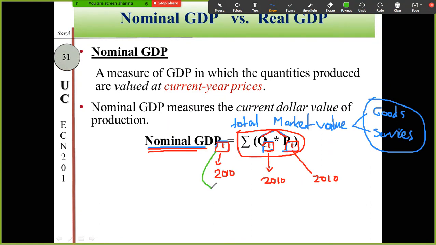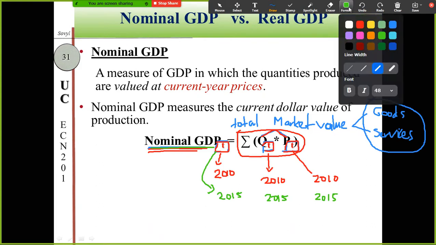If we want to take another year, T now is not 2010, T now is 2015. So we want to compute nominal GDP 2015. Q we take from 2015, P also take from 2015.